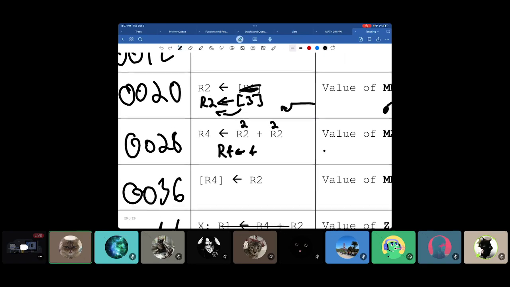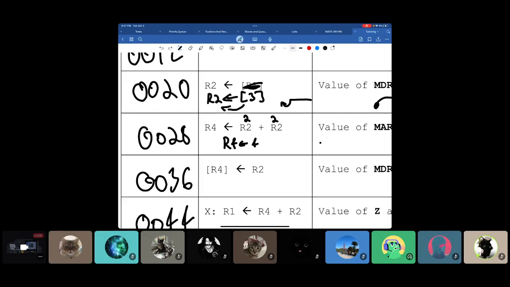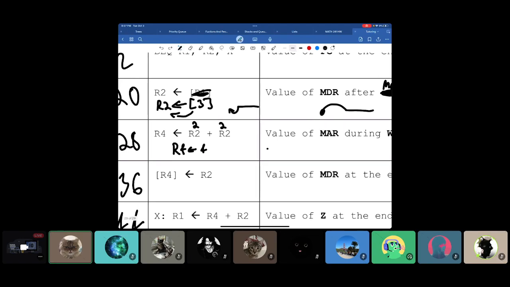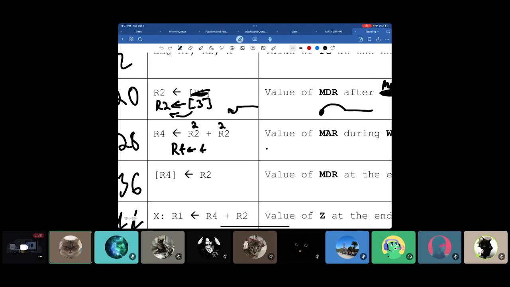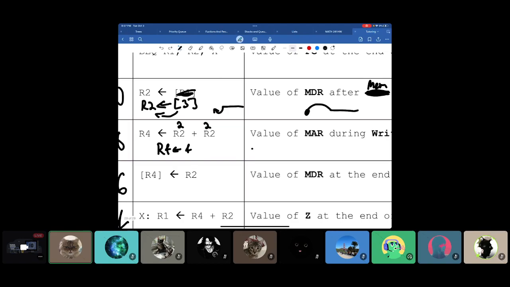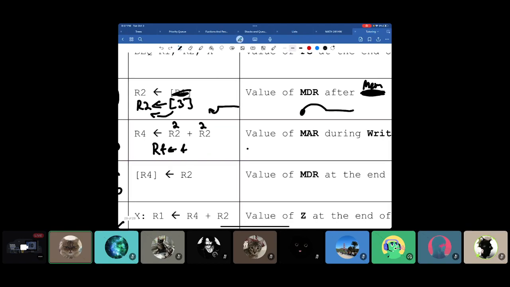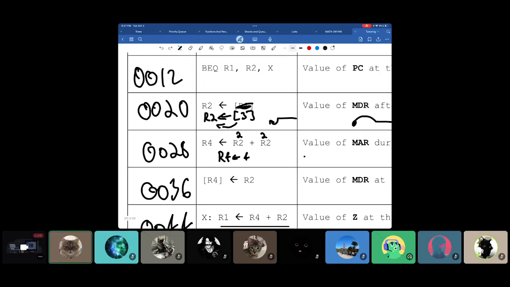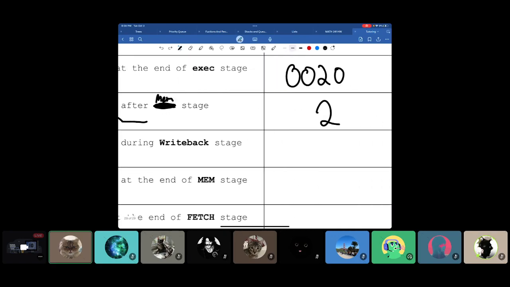Which is when we were fetching the instruction. Because in exec of the R-type instruction, we only use ALU. We don't use MAR, we don't use MDR, all that stuff. We use the ALU and the Z register, and then we put whatever's in the Z register into R4 in the write back stage, right? So the MAR here, I believe, would just be 0028.